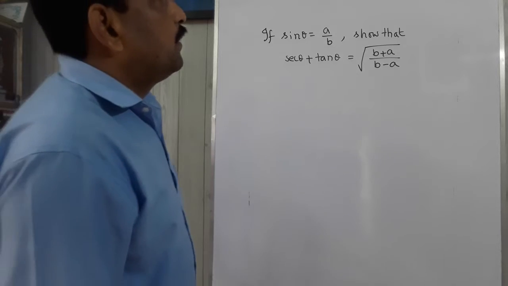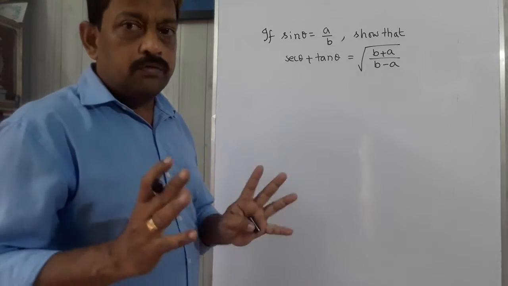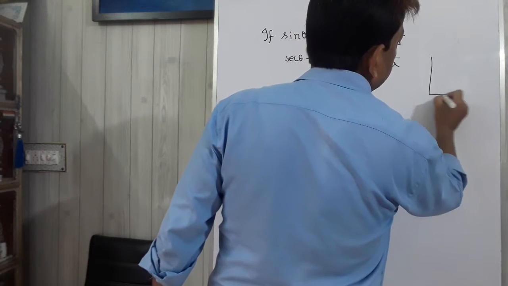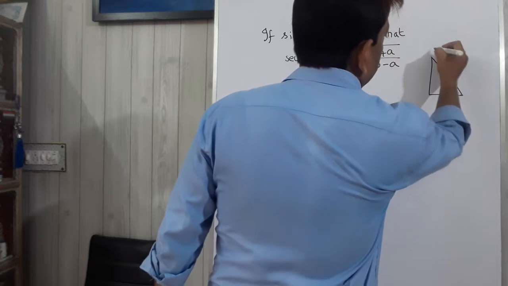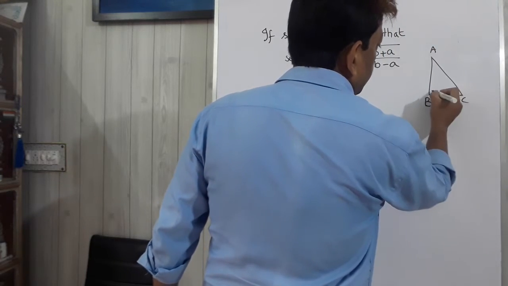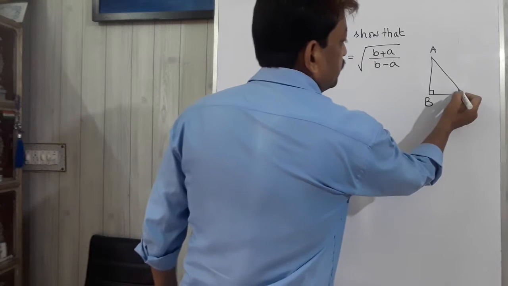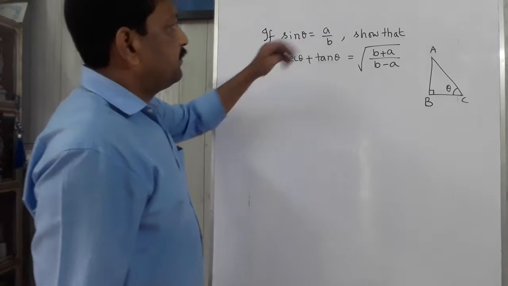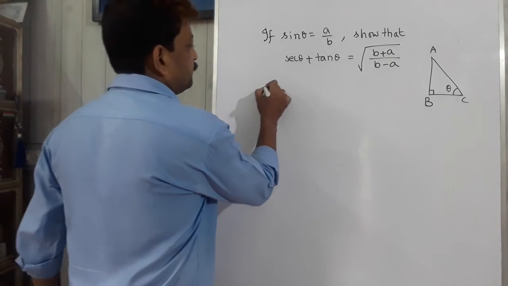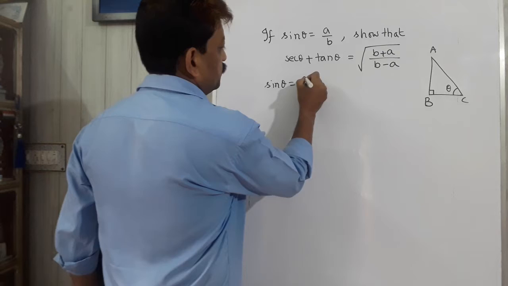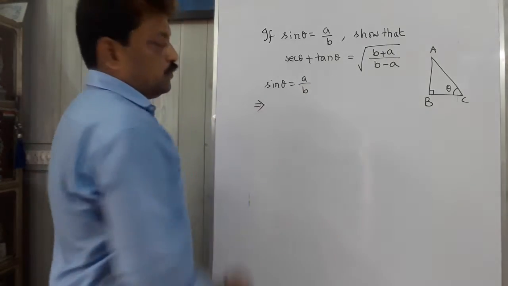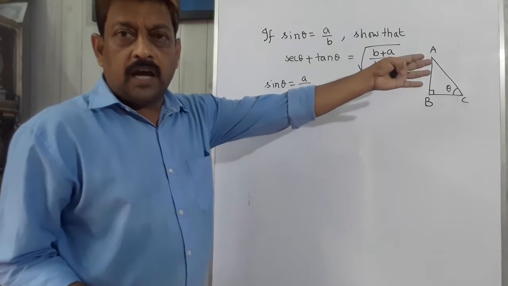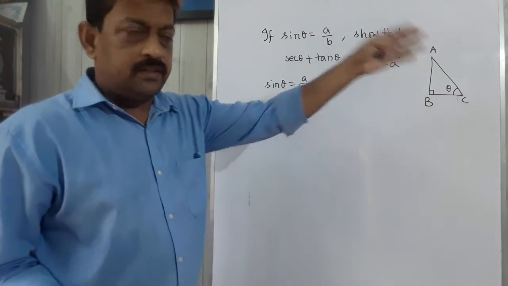So first of all, as usual, we have to draw one triangle. Suppose the triangle is ABC with angle B as the right angle, and angle C is theta. Now it is given sin theta equals a upon b. So sin theta means perpendicular upon the hypotenuse, that is AB upon AC.